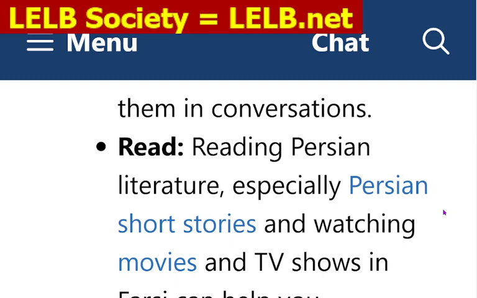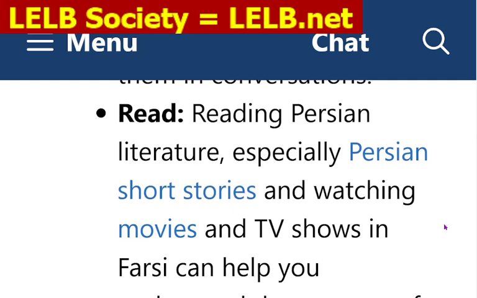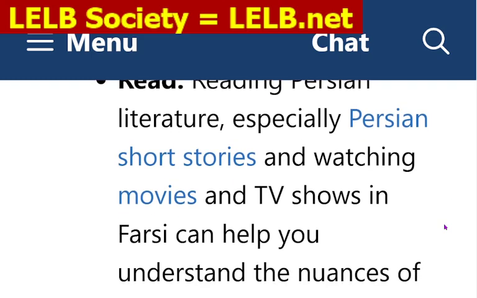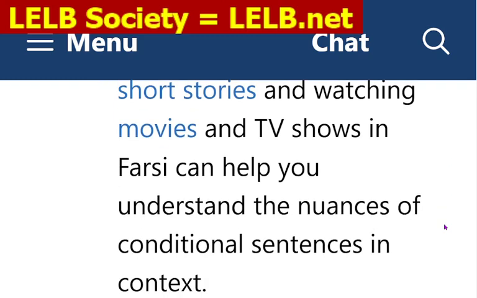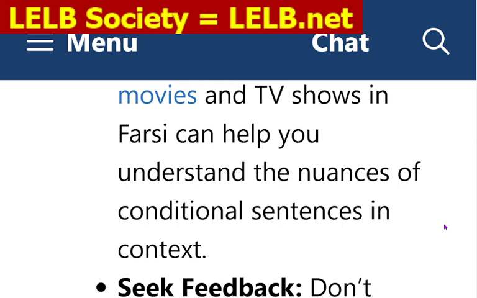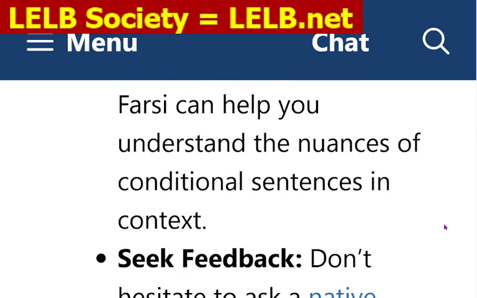And also reading Persian literature, especially short stories. We have written and translated, simplified, over 150 Persian short stories with videos and also English versions at the LELB Society. And watching movies and TV shows in Farsi can help you understand the nuances of conditional sentences in context.